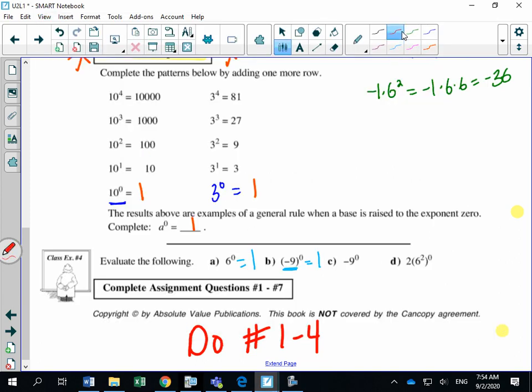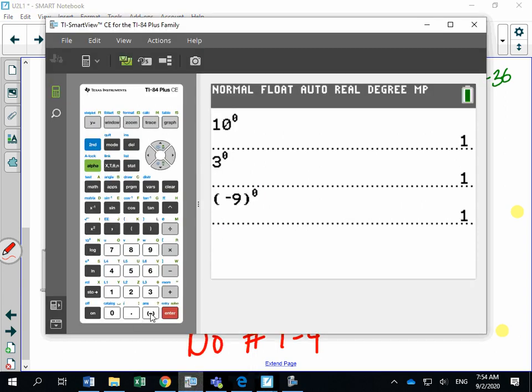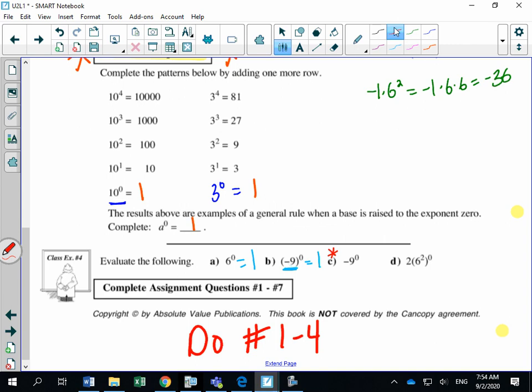C, I want you to star. The answer to C is not 1. And let's actually look what the answer is, and then I'll show you why they get that answer. Negative 9 to the power of 0. They get negative 1. So let's see if we could figure out why.